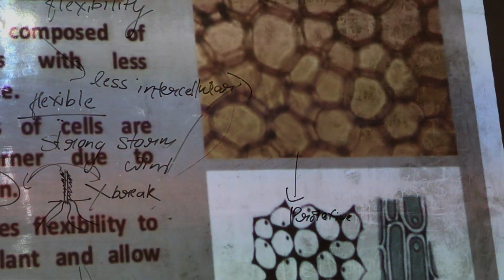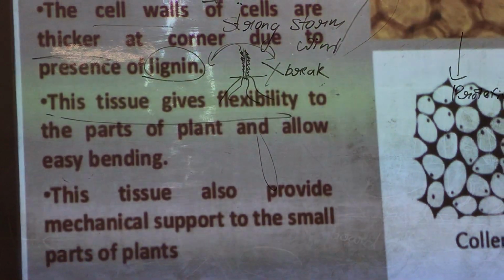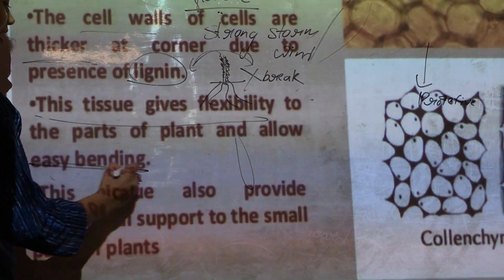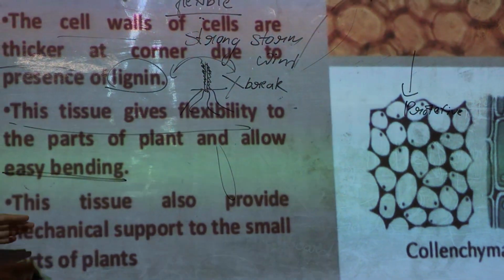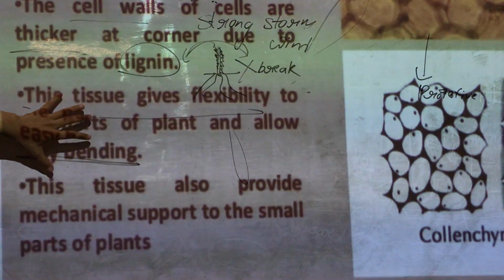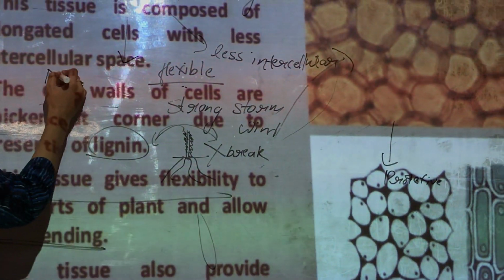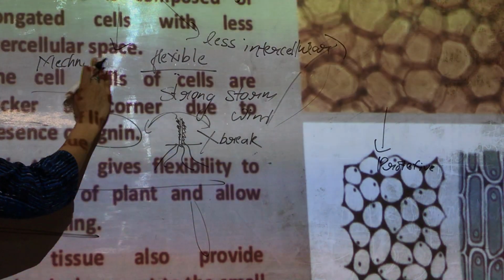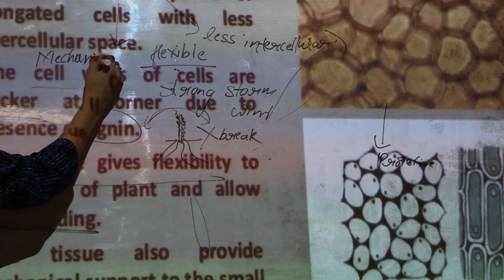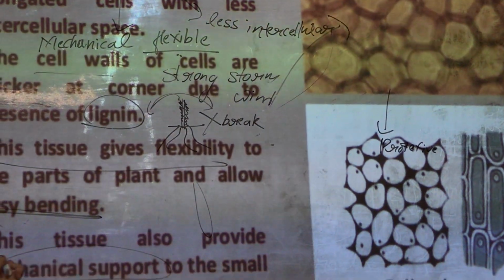Now this tissue gives flexibility so that plants can bend easily, the leaves can bend easily. So they are basically the mechanical support provider. Here you can see.